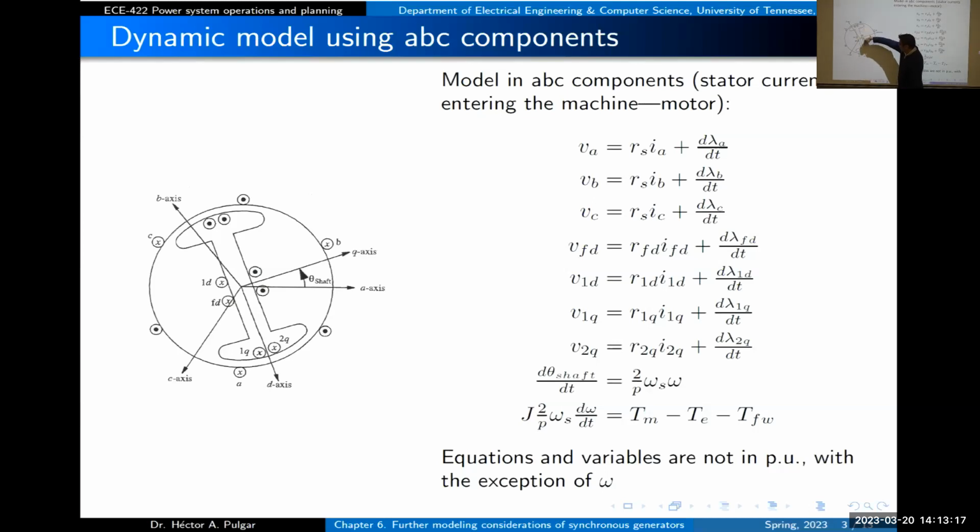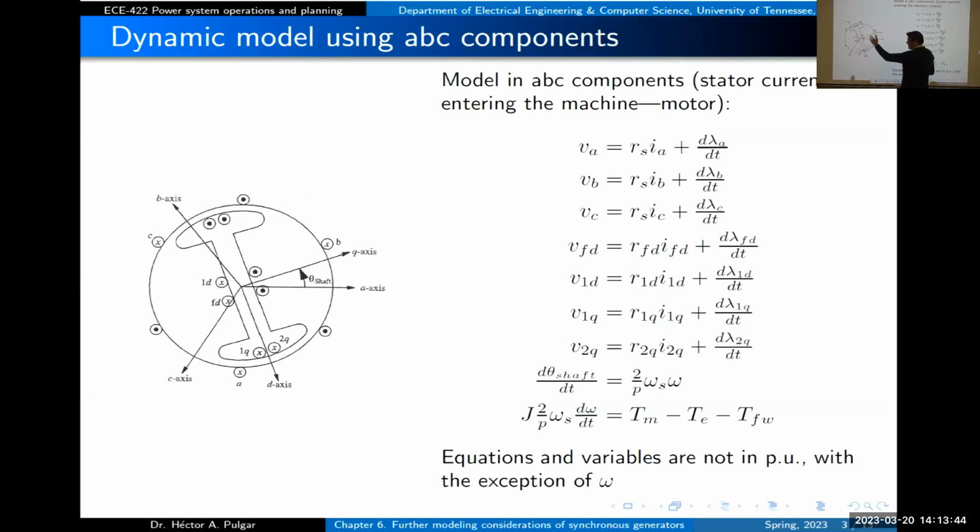D will point in the direction of the flux in the rotor, and Q will be perpendicular to that direction. In this case, Q is leading D by 90 degrees. So the angle that you have between the Q axis and the A axis is defined as the angle of the shaft, the rotor. So this is going to be rotating this angle.